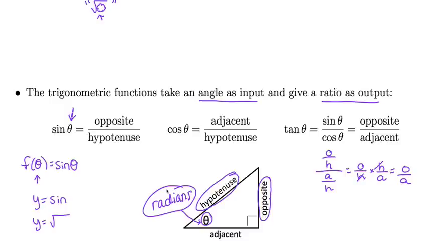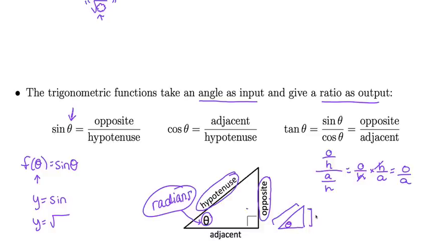Another thing you might be worrying about is, what if I drew a different sized triangle? What if I drew the same angle theta, and drew a little tiny triangle? Then this length and this length are going to be different. So wouldn't that give me a different answer for sine? Well, a wonderful fact about mathematics is that for similar triangles like this, which have the same angles, the ratios of sides are equal.